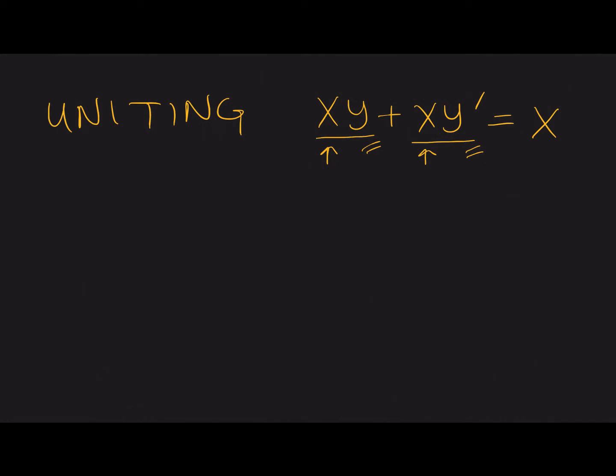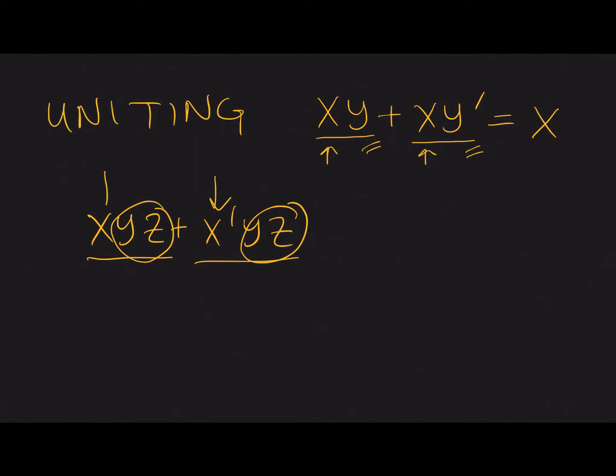We could expand the uniting theorem to include even more terms. For example, xyz plus x prime yz. Both of them have three terms. They share a yz, and the term that's not in common is the x. It's unprimed and primed. This would be equal to yz.